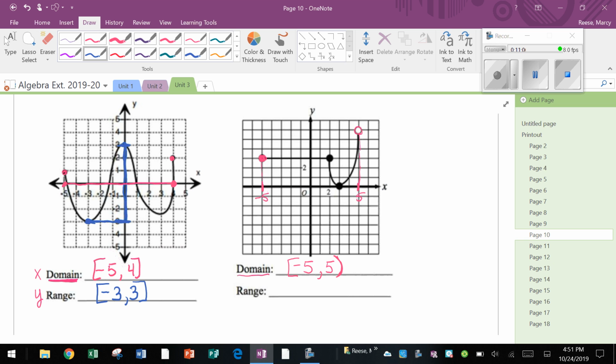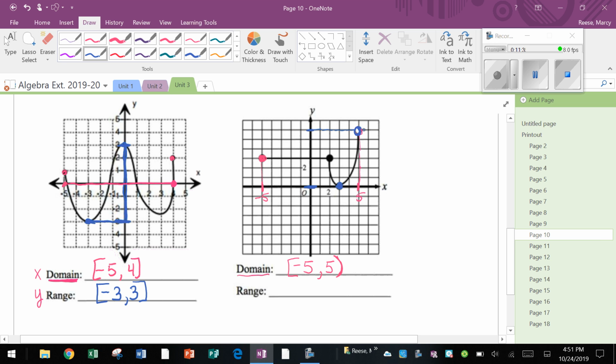All right, do it again with range now. So go to the lowest point on the graph of the function. The lowest point I see is right here. And it goes all the way up to here. And it's open there again.